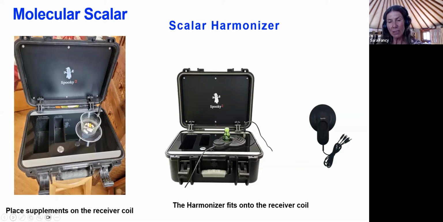And what the harmonizer is doing is it's taking the frequencies of any audio file that you put in, and you can do it from a phone or a tablet or a laptop or any audio device that you have. And that will go into the scalar field as well. And Spooky does have an app that they have tons and tons of audio files for healing.